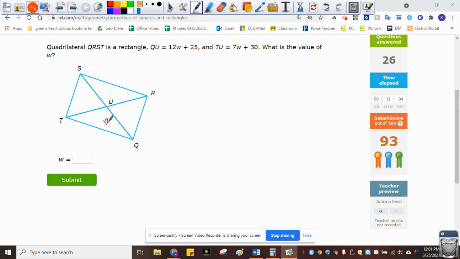QU is 12W plus 25. TU is 7W plus 30. This is a rectangle, so that means this has to be an isosceles triangle. And that means these two sides have to be congruent. So 12W plus 25 has to equal 7W plus 30.